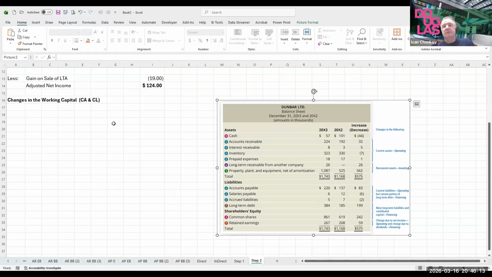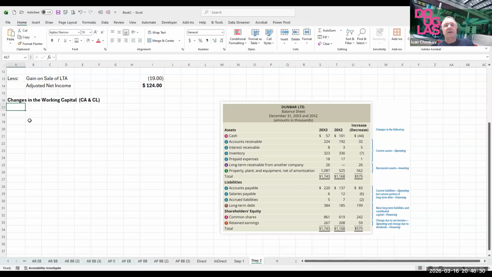The second item is accounts receivable. The question is, are accounts receivable current assets? Yes, it is. Excellent. So once we find the accounts receivable, what we're going to do is look at the changes.